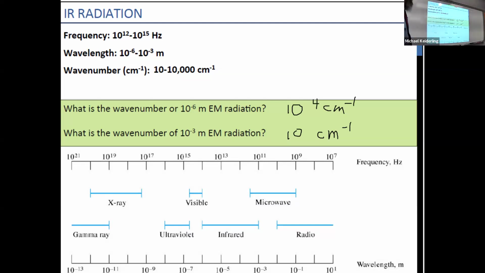The wavelength is from about a micrometer, 10 to the minus 6, up to about a millimeter, 10 to the minus 3. So the wave number is from about 10 to 10,000 inverse centimeters. The longest waves have a wave number of 10. The shortest waves have a wave number of around 10,000.